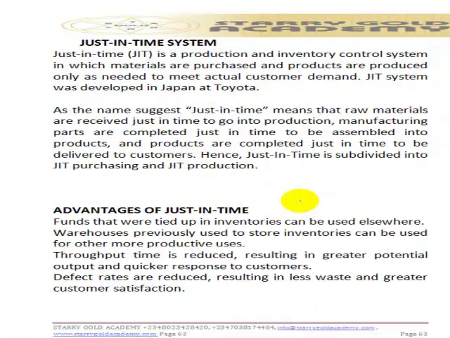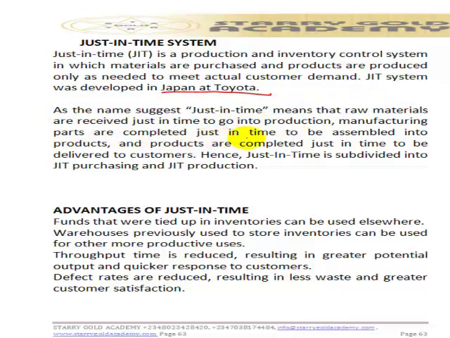Now we need to discuss the just-in-time system in order to complete the aspect of the material system. Just-in-time is a production and inventory control system in which materials are purchased and products are produced only as needed to meet actual customer demands. The just-in-time system was developed in Japan at Toyota. As the name suggests, it means that raw materials are received just in time to go into production.